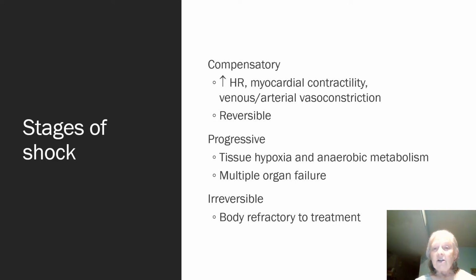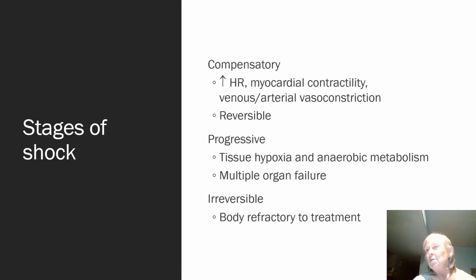There are the stages of shock. Some people will include initial as one of them. Three of the big ones that we see for the most part are compensatory. Compensatory, what happens, if you remember when we talked about flight, we talked about the fact that as you go up in altitude, you have a difference in your barometric pressure and a difference in the pressure in the cabin also, and you have an increased heart rate, increased respiratory rate.